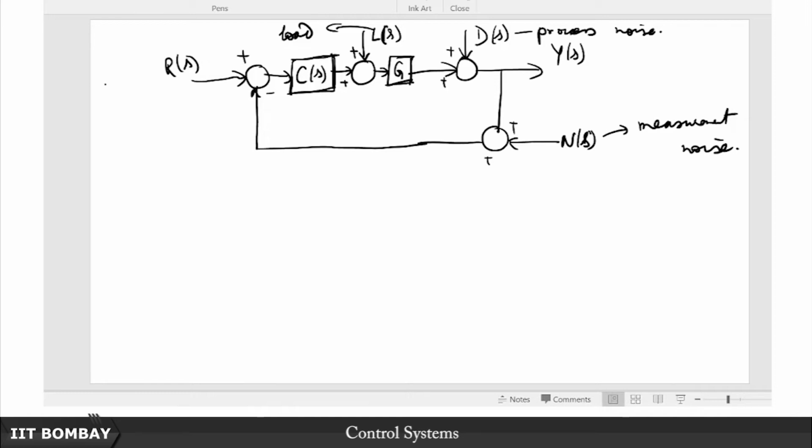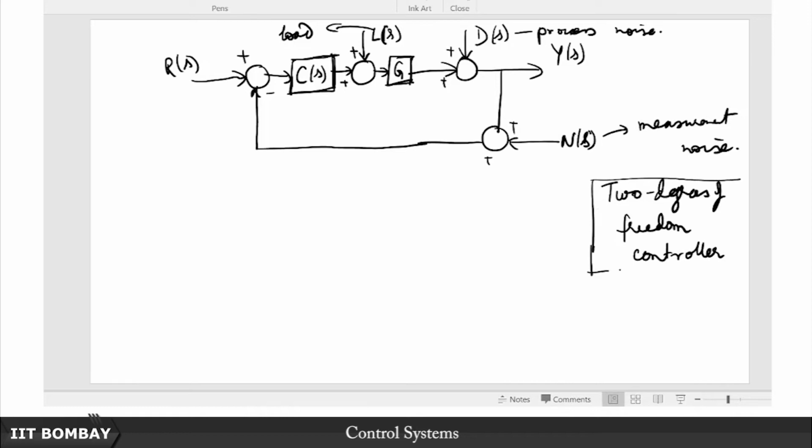So often you will encounter situations where having merely one controller here is not good enough. So then people often talk about things like 2 degrees of freedom controller, okay. We will probably not have time for these discussions in our course here, but it is good to know, right.